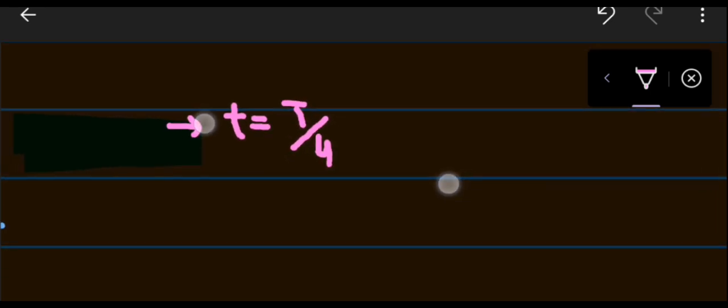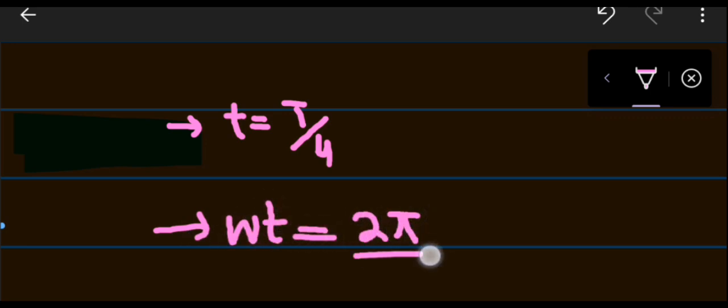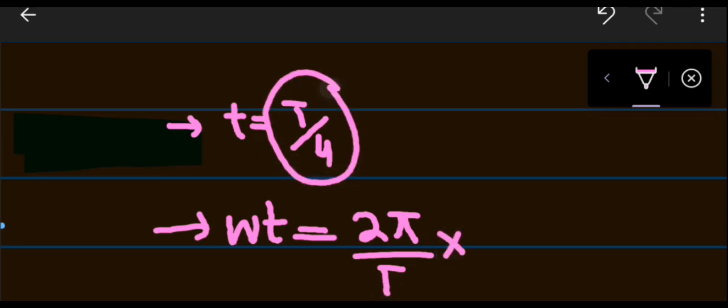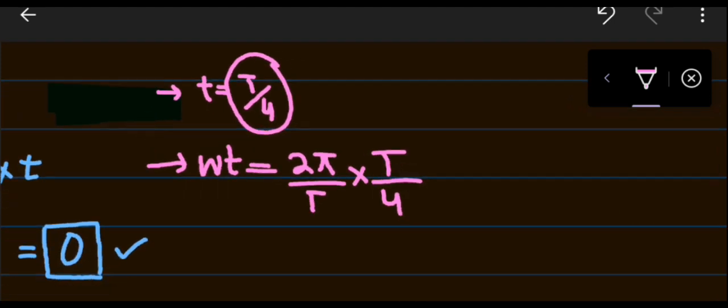First of all, we put omega t, and we know omega is equal to 2 pi by T, multiplied by time, which is T by 4. T cancels T. 2 ones are 2, 2 twos are 4. So it will be pi by 2.